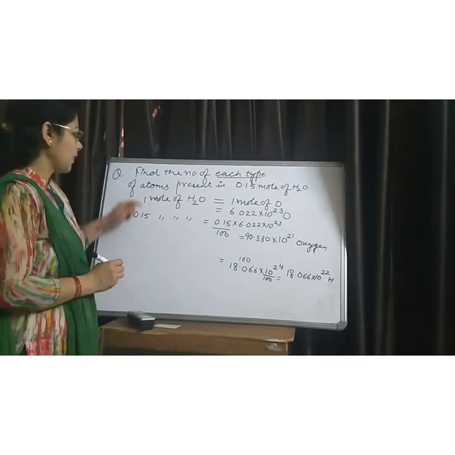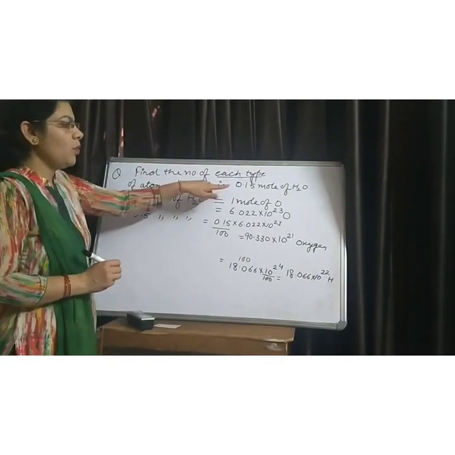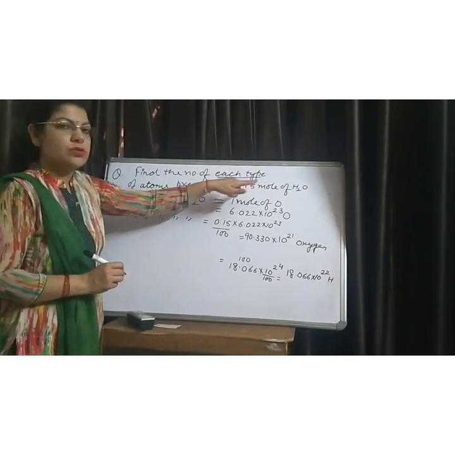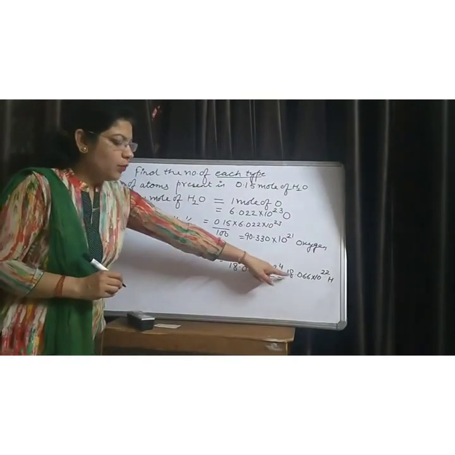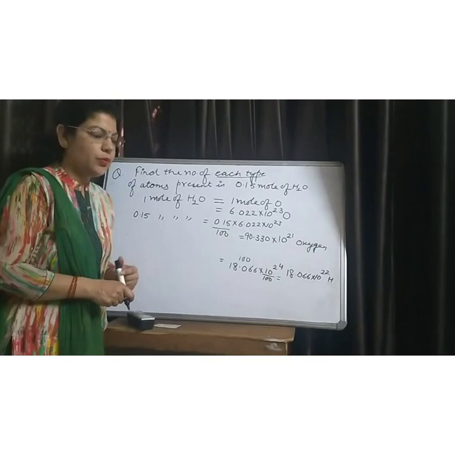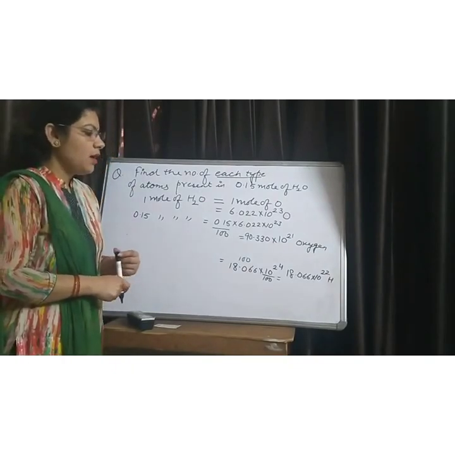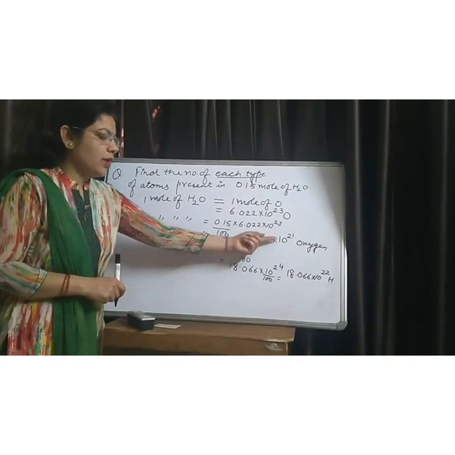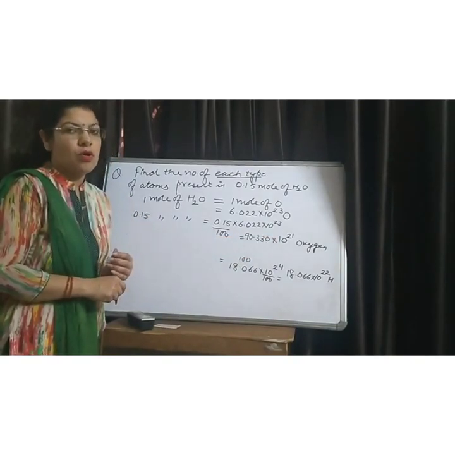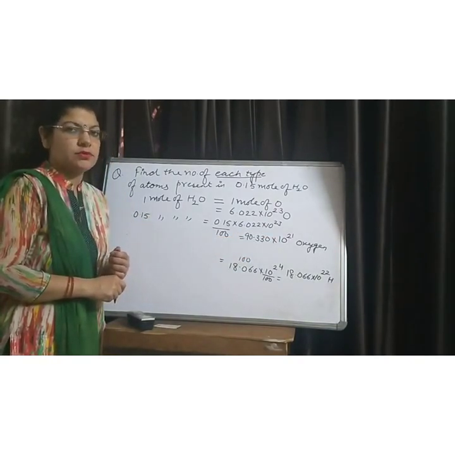Hence, in 0.15 moles of water, there are 18.066 into 10 raised to power 22 hydrogen atoms and 90.330 into 10 raised to power 21 oxygen atoms.